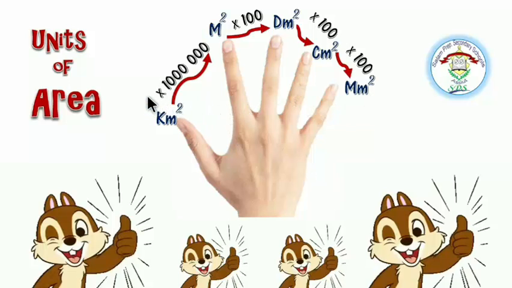Please don't forget, from the greatest to the smallest we will put zeros. But when we move from the smallest unit to the greatest unit, we will cancel zeros. Okay?